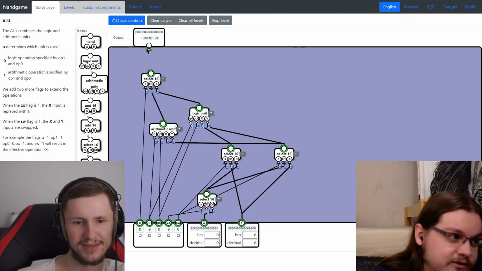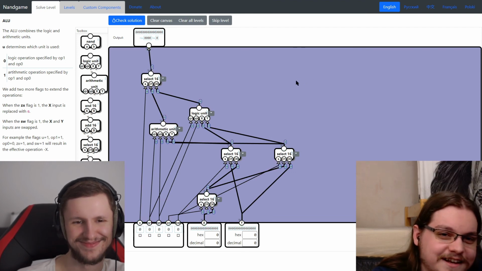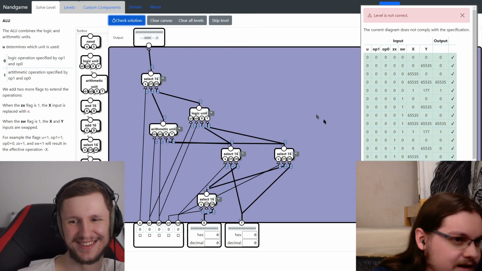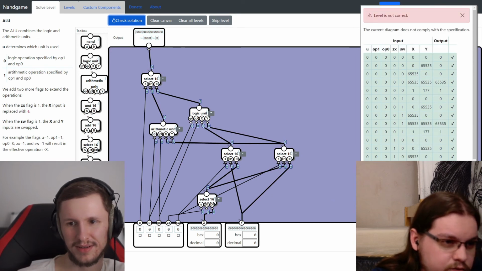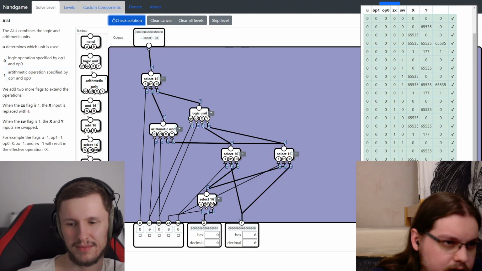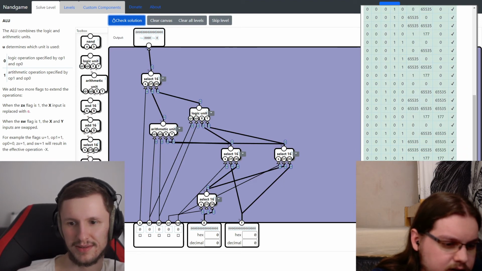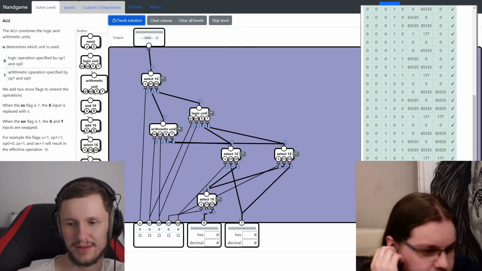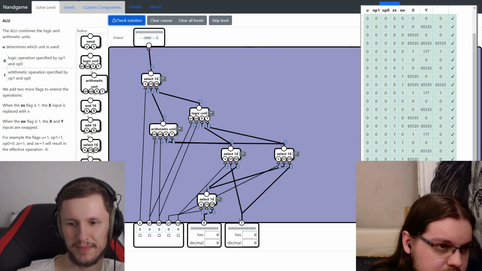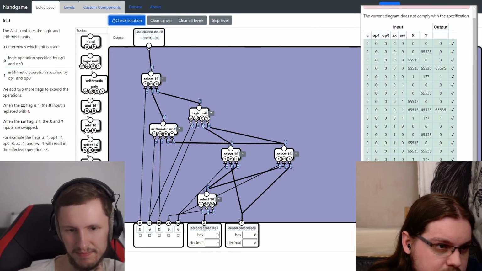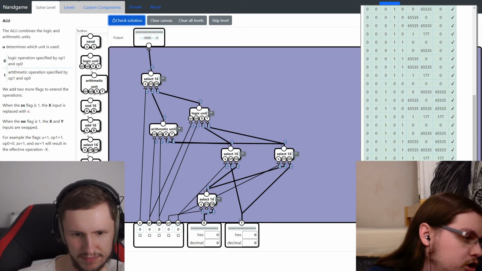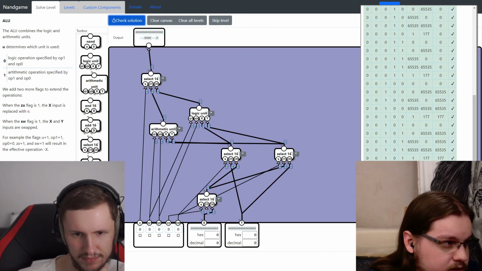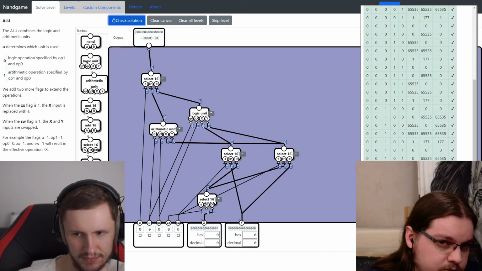And, as Sergej taught me, connect the output. The level is not correct. Wait, which one is not correct? What is it saying? Oh, right, you don't see it because of my camera. So it says here, if up 0, 1, and U0, this is the logic operation 0, 1 from the previous chapter.